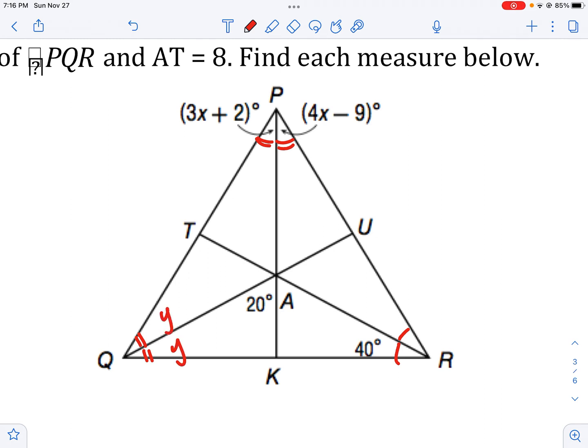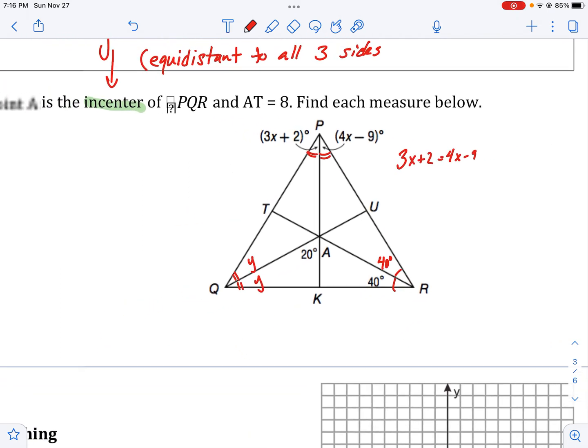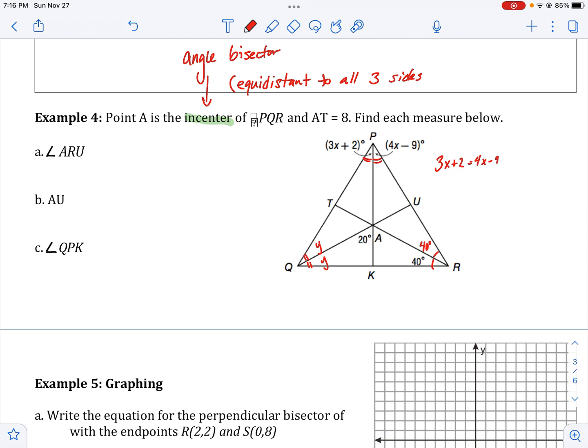I could put a Y and a Y. I don't want to reuse a variable. At angle R, in the bottom right corner, I've got 40 degrees. Well, if that was bisected, that means this must be 40 degrees as well. And then up top, I know that if this was bisected, these two angles must be equal. So 3x plus 2 must be equal to 4x minus 9. And then I could solve for my missing angles ARU and QPK.